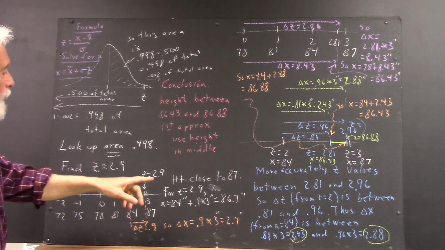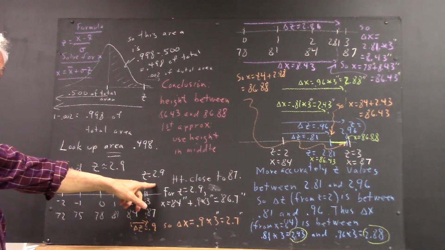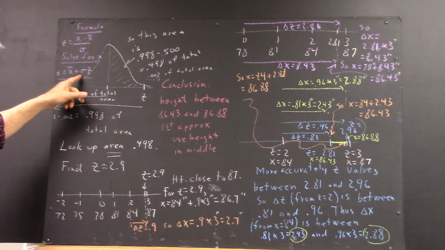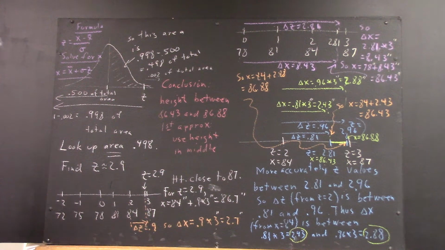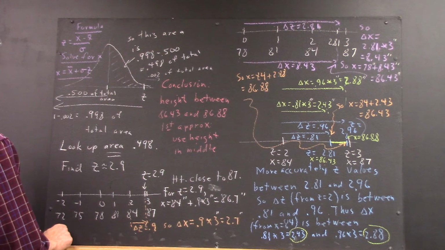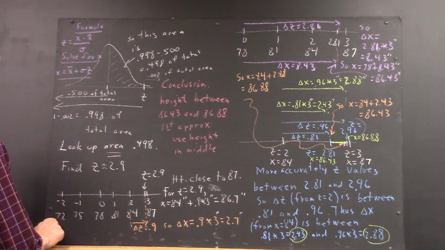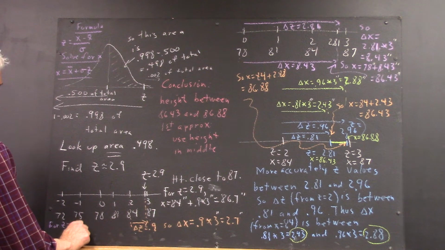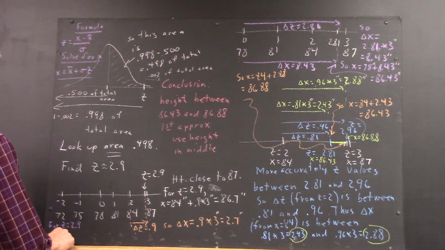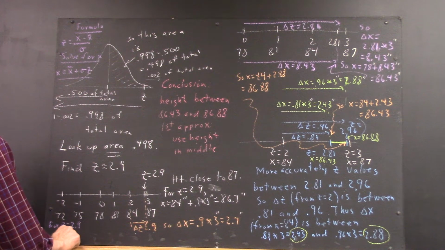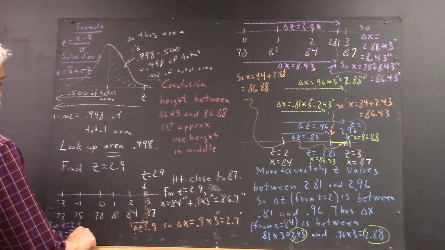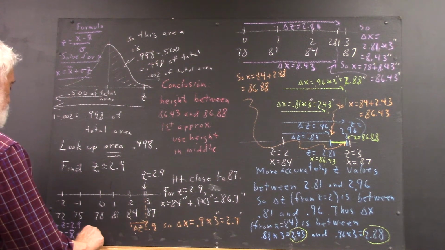from the table that z is, let's say, 2.9, you can plug in z equals 2.9 and the standard deviation here, and you would get, and I'm going to bring this way down here, x equals x bar plus standard deviation times z.